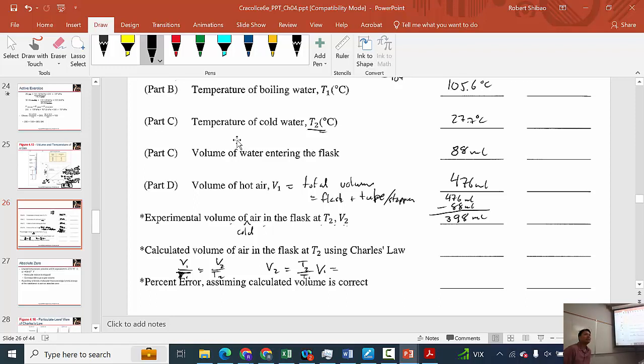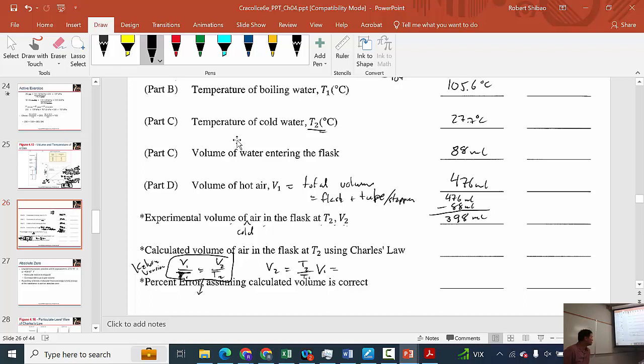Now, are we using the Kelvin version of Charles' law or the Celsius version? This is the Kelvin version. So we have to convert our temperature to Kelvin.